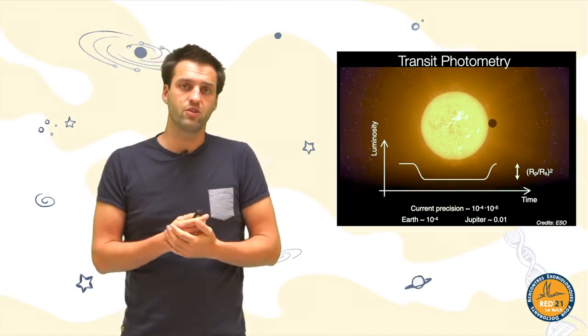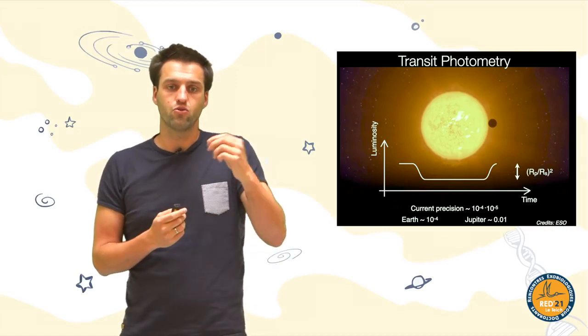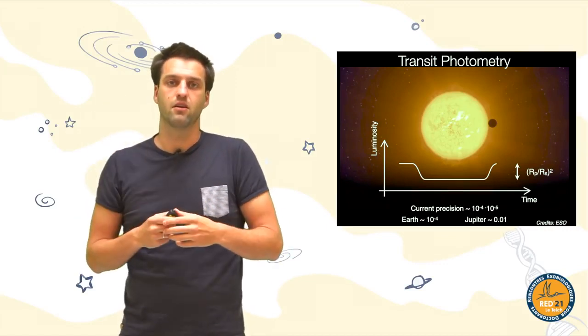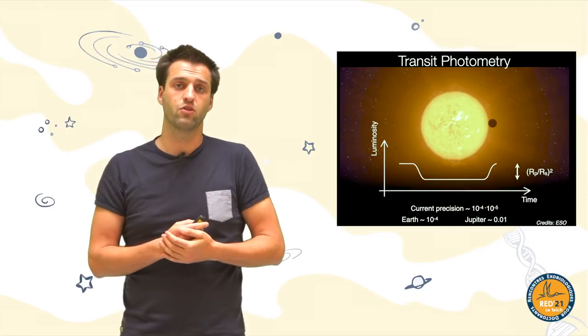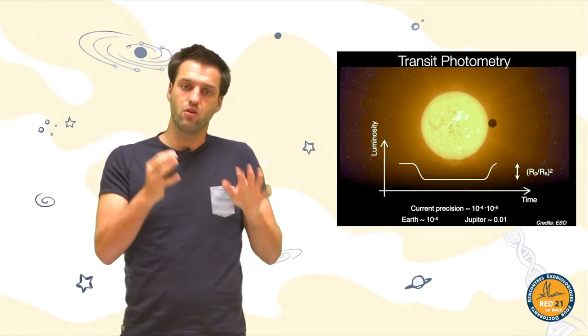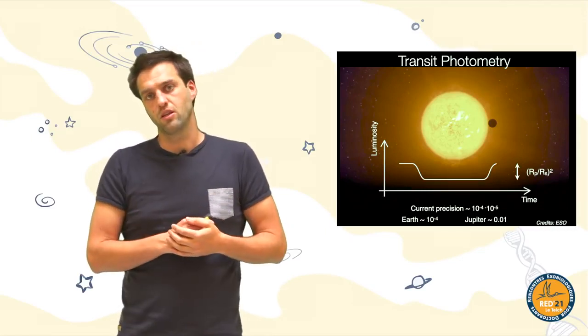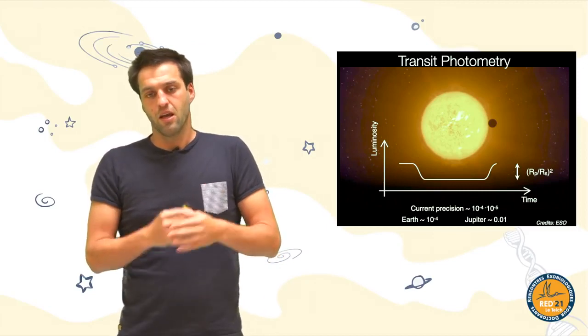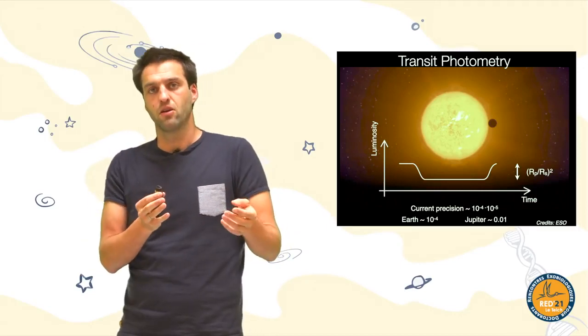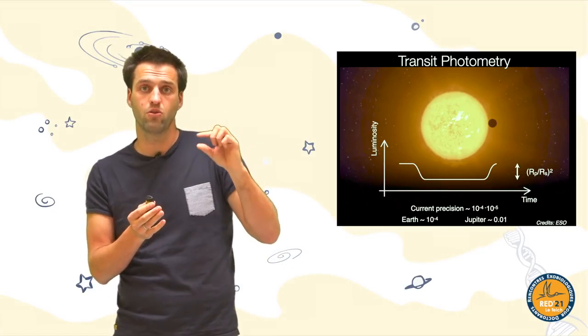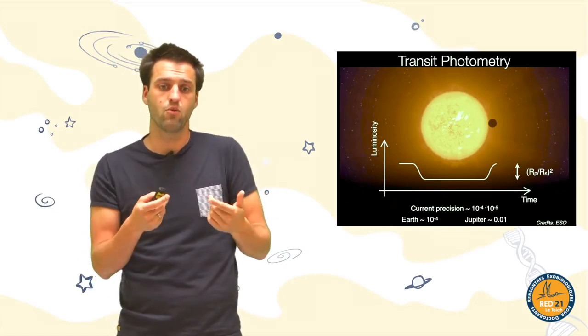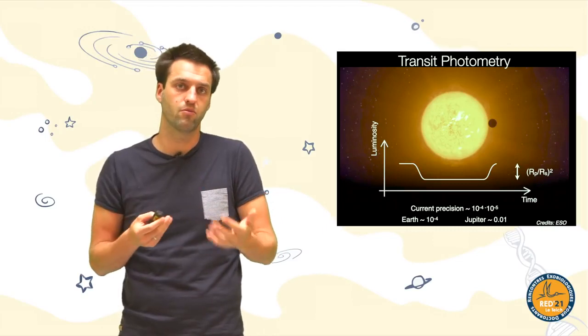Now, the current precision with this technique is a size contrast of about 10 to the minus 4, 10 to the minus 5. If we look again at numbers for Jupiter and the Earth around the Sun, the Earth is about 100 times smaller than the Sun. So in terms of area, it means that the contrast will be 10 to the minus 4.